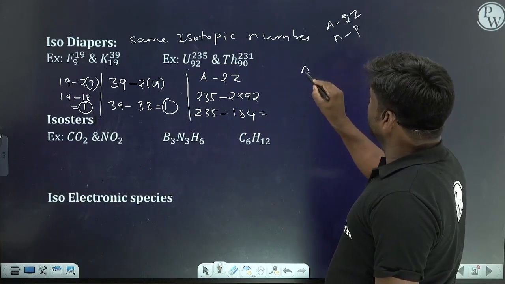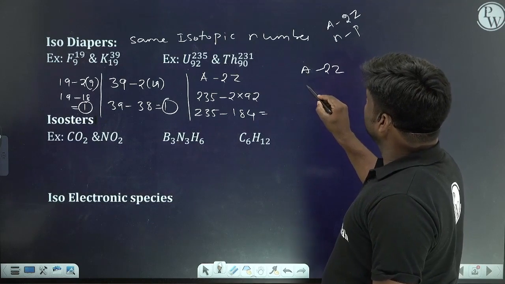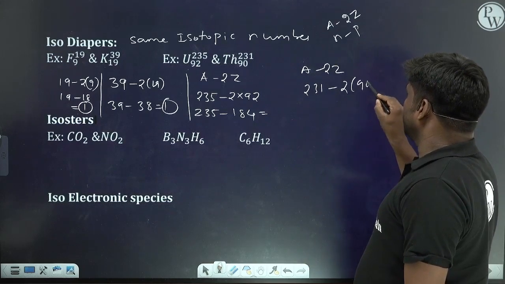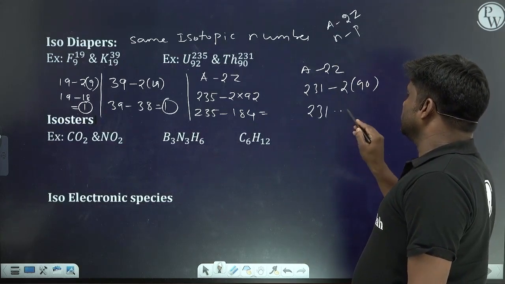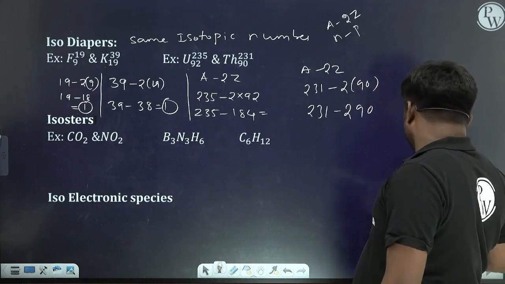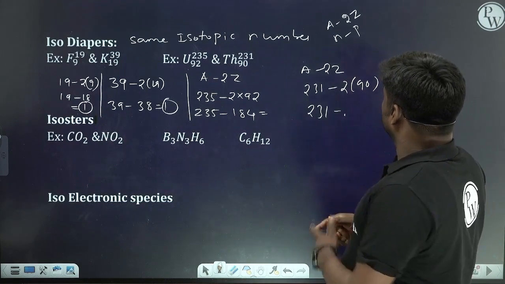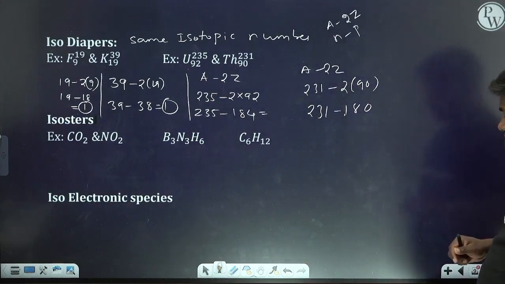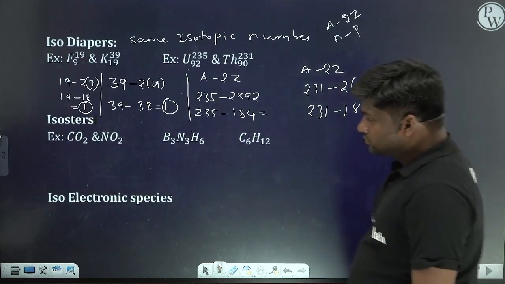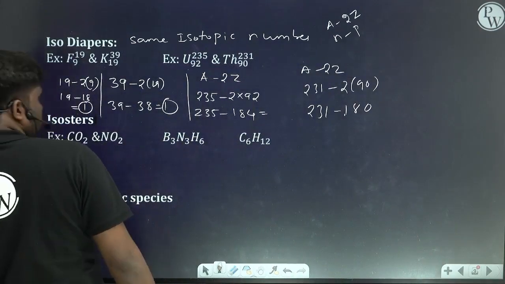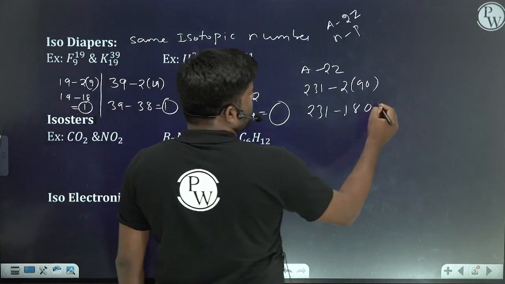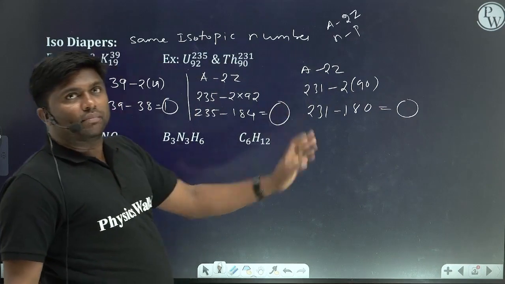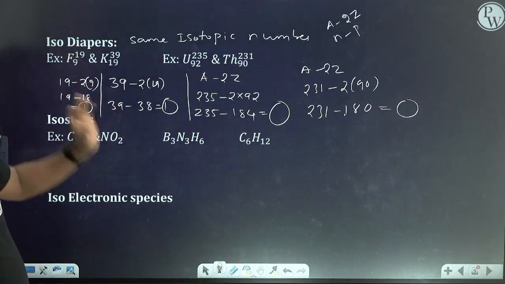For thorium, A is 231 minus 2 into 90, which is 180. 231 minus 180. So what is the value? So these two values will become same here. Isotopic number is same. Isotopic number same means that is isodiaphers.